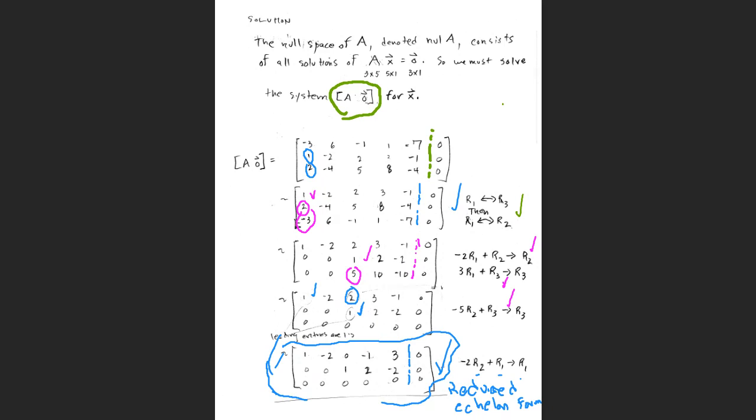That's right. So therefore, we have 3 free variables. And what I like to do is take the augmented matrix and now write it as a system of equations, and then we can figure out what the 3 variables are. Are there any questions before I move to the next page?